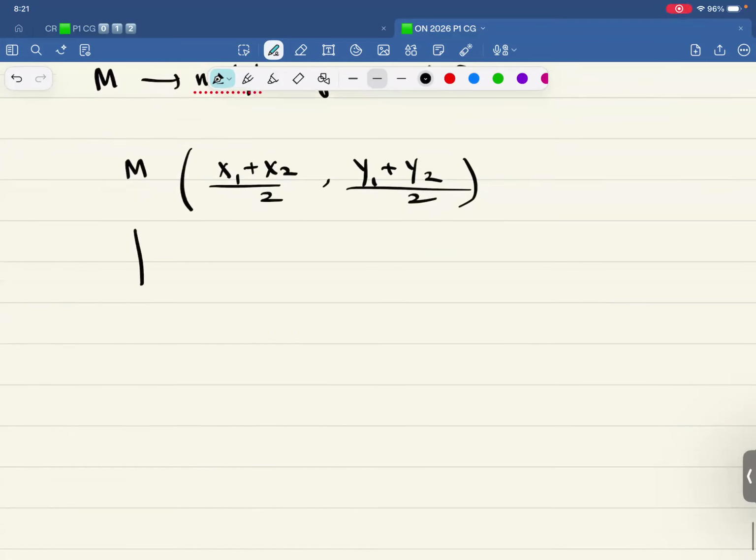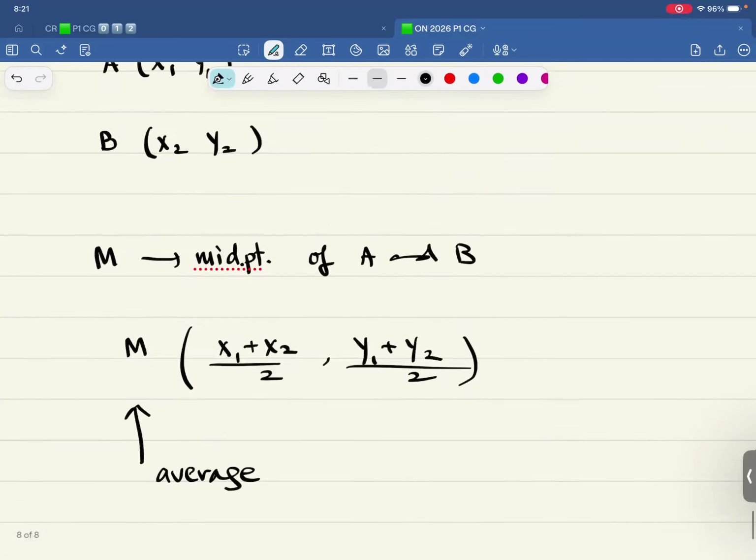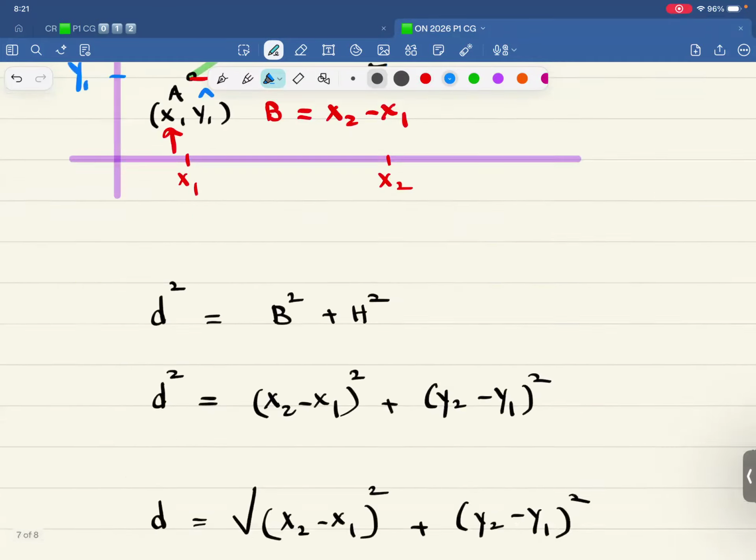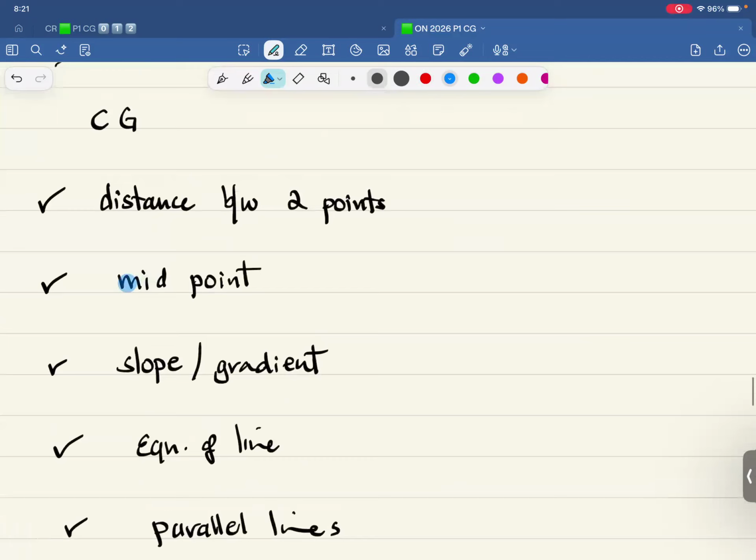So remember the word average. That will keep things in the right perspective. We take the x coordinates, add them up, divide by 2. We take the y coordinates, add them up, divide by 2. So that is the concept of midpoint. So now midpoint is done, and the distance formula is also done.